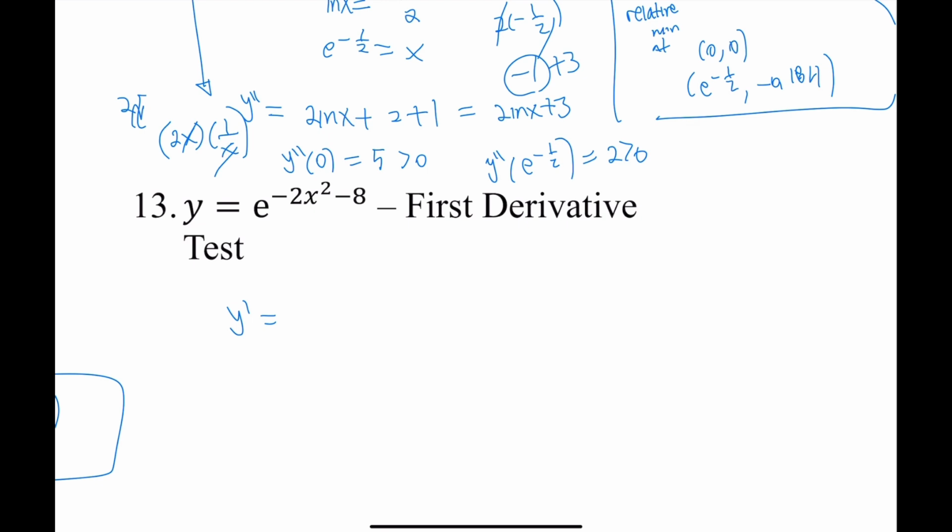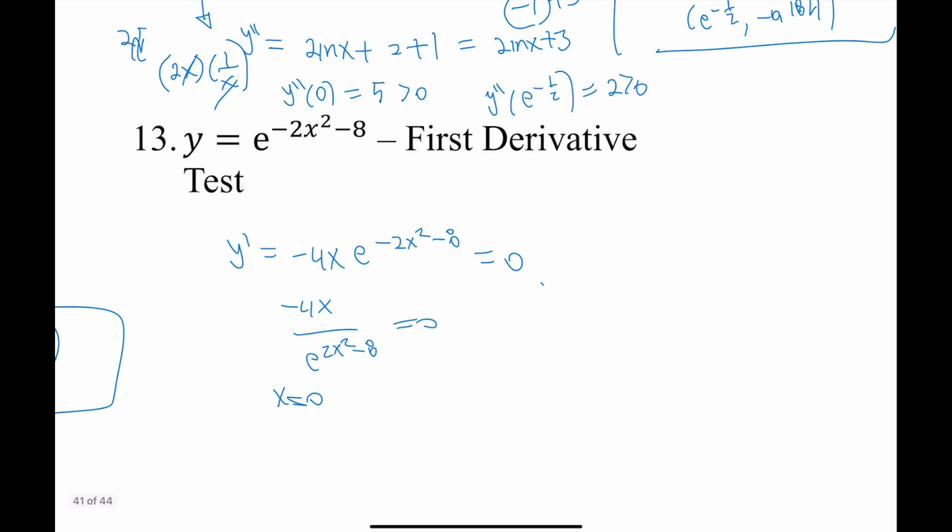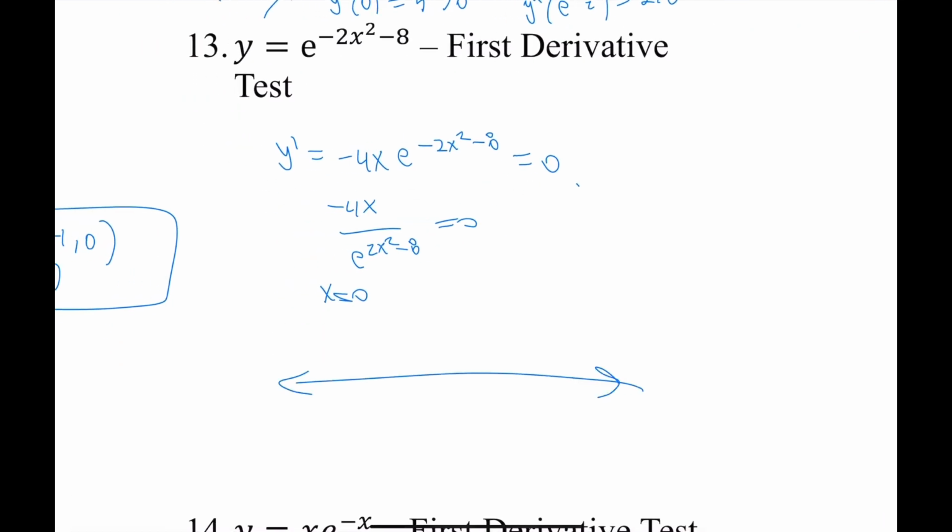Y prime equals... First derivative test, so we're going to take the derivative of this, or negative 4x, right? Okay, and then e to the negative 2x squared minus 8. This is equal to 0, or undefined, okay. Negative 4x times e to the negative 2x squared minus 8 equals 0. Again, we're only considering the numerator because the denominator is never 0. So x is equal to 0.